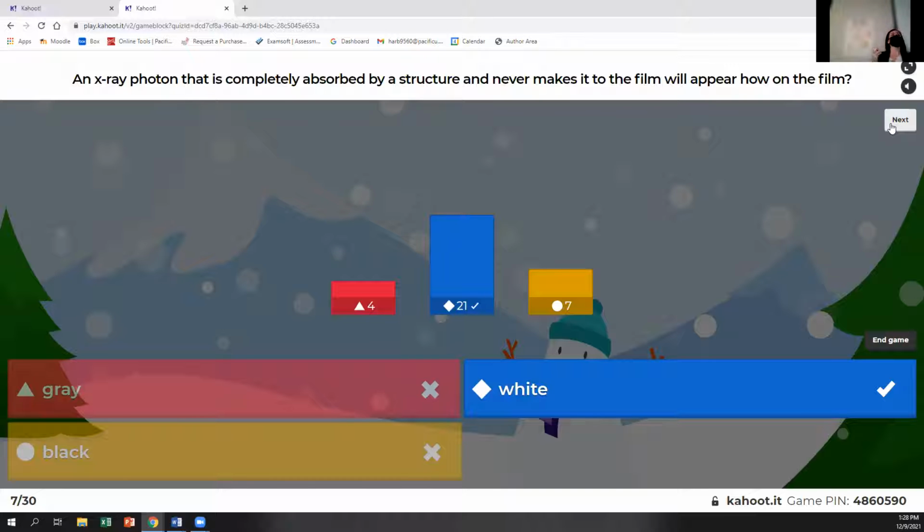If you think about it in real life, like what actually is happening, everything sometimes works a little bit better. So on a digital sensor, the coupling device, you have all those pixels, and those pixels have to be affected by your X-ray photons, and that's what's going to create the dark parts. Or if you think about it as a traditional film, that's coated in that emulsion, the silver halide crystals, they have to be hit by the X-ray photons in order to become dark.